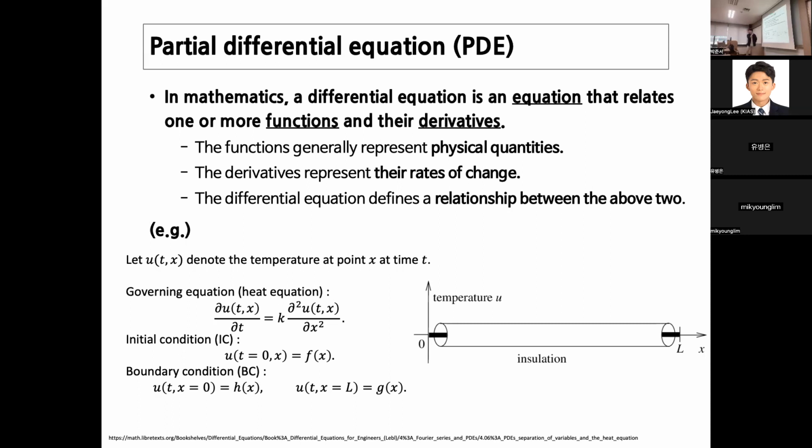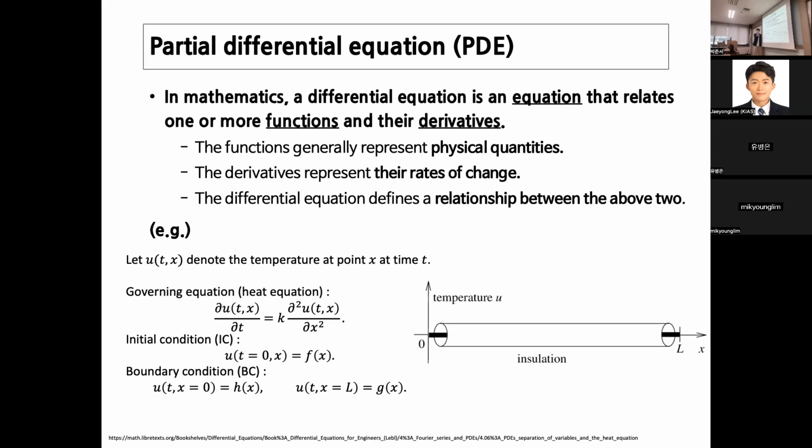For example, the heat equation. If we have a solution u(t,x), which depends on t and x, u(t,x) denotes the temperature at point x at time t. Also, we have a domain from 0 to L. If we want to express the change of temperature depending on t and at each position x, then we have a governing equation, the heat equation, like this one.